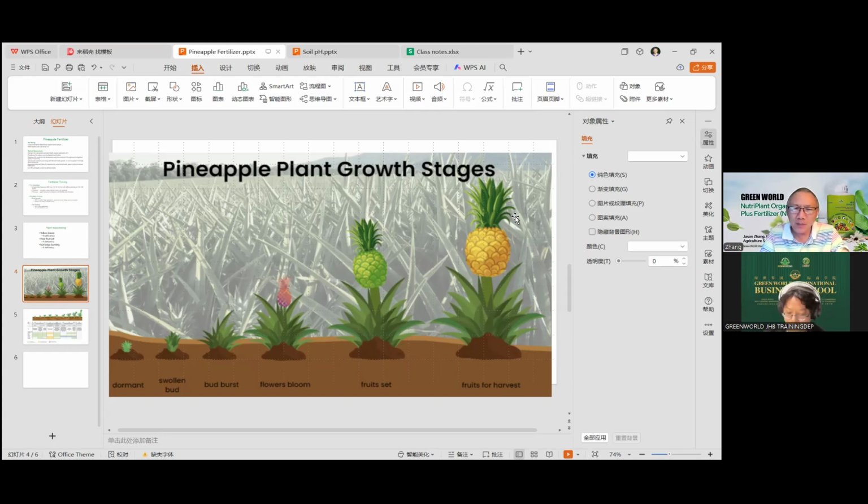So for the pineapple, we are harvesting the fruits. But a lot of the fertilizers we are using are more towards the nitrogen, and also phosphate and potassium.